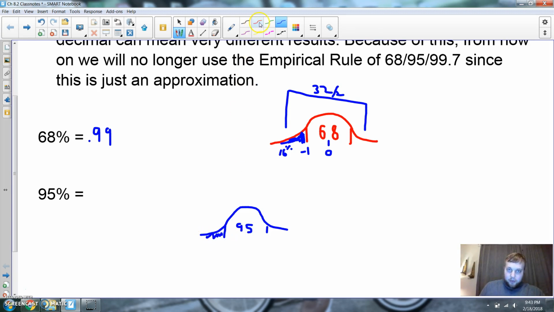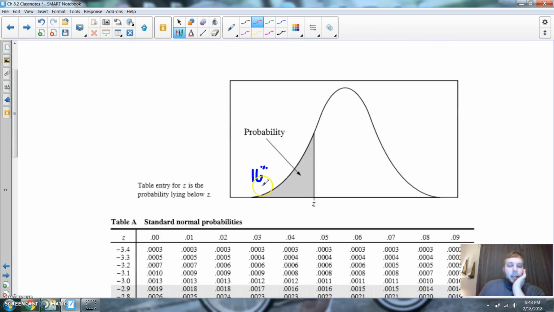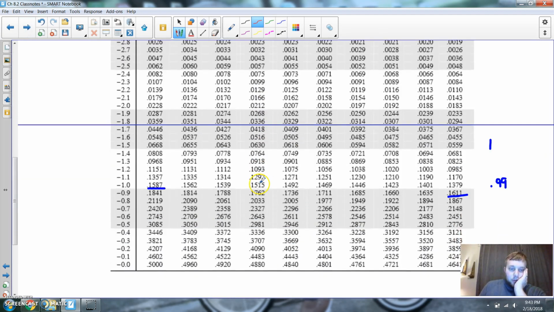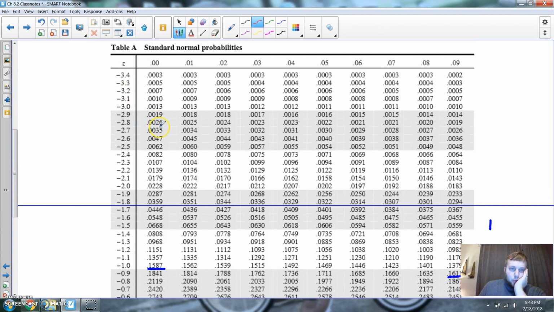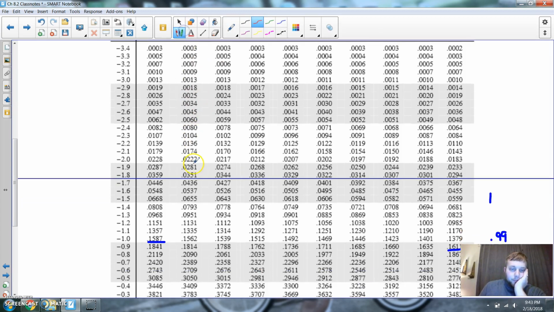I'm hoping you guys can do this without doing the math. It's going to be 2.5% on that tail end. So I'm going to look on my chart, and I'm looking for 0.025. Nope, that's not it. Keep looking. 0.025, right there!